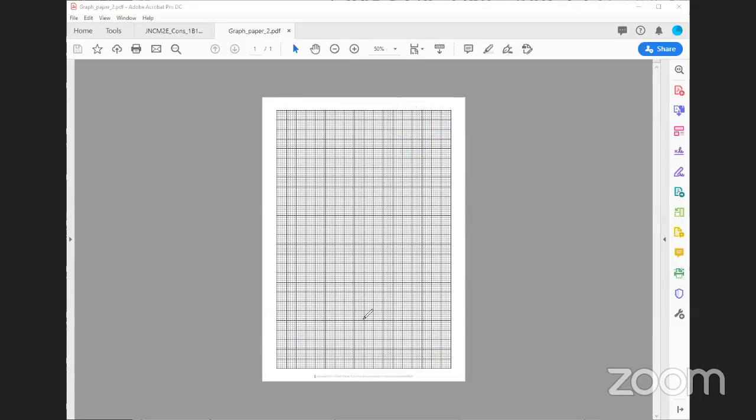Sometimes we may even use the paper in this way. You just turn your paper like that. For example, if you have 24 sets of data, 24 months for 2 years, then you may need quite a lot of space in this direction to mark the time, the months.